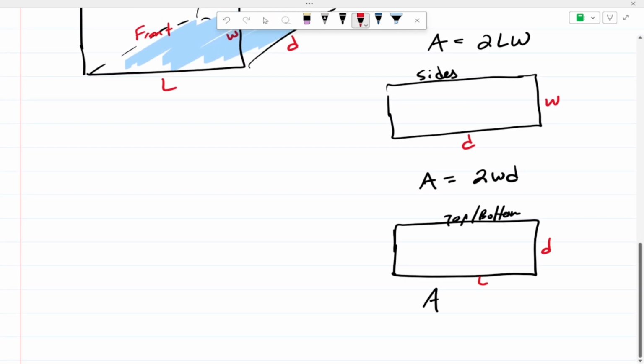L times D, and the area would equal 2 of them. All right. And remember when I said earlier about the surface area is the sum total of all these faces.